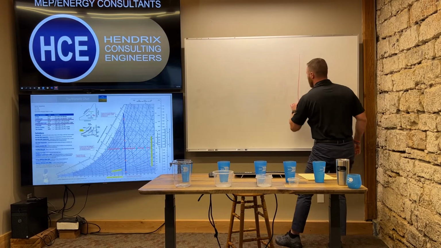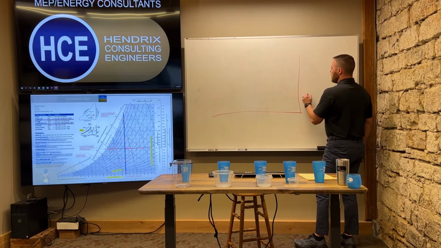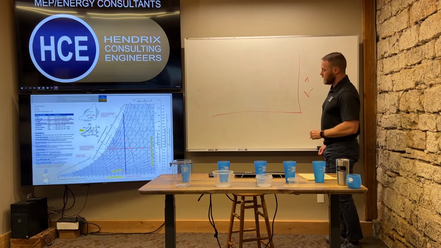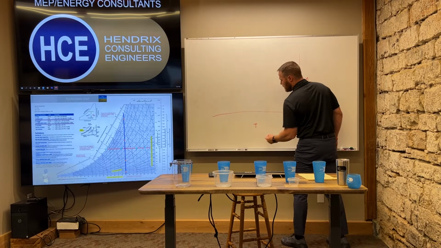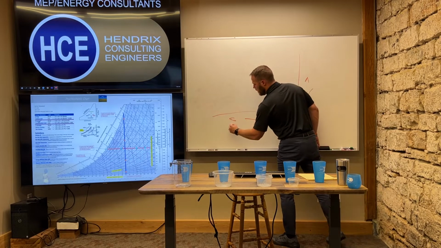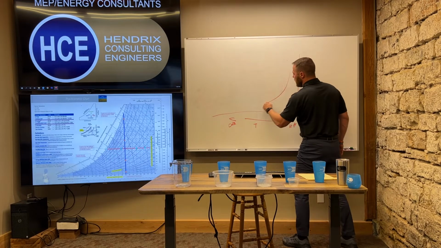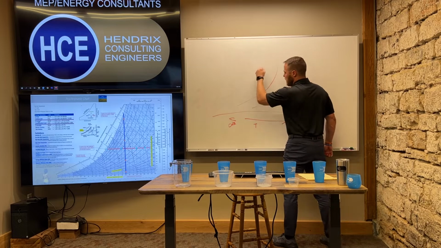One of the things we gotta know about the psychrometric chart is a couple things. More water is up, less water is down. That's the first thing. Down at the bottom, we got temperature, hotter and colder. Then you see all these goofy lines.